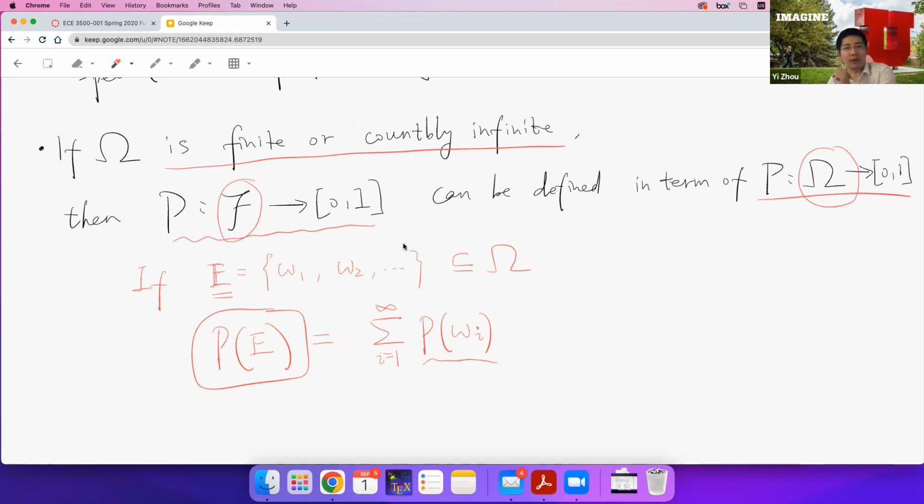If it is countably infinite, you can still sum over an infinite series. If omega is uncountably infinite, you cannot define the summation in a clear way. That is when this equation breaks. So in these cases, you can still apply the classic probability theory to address the probability problems.